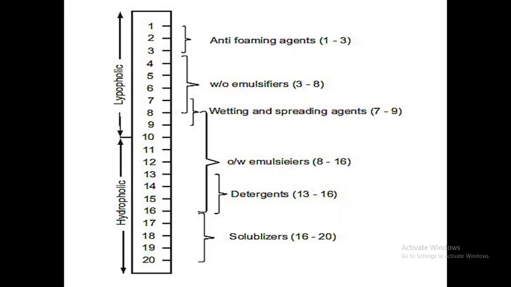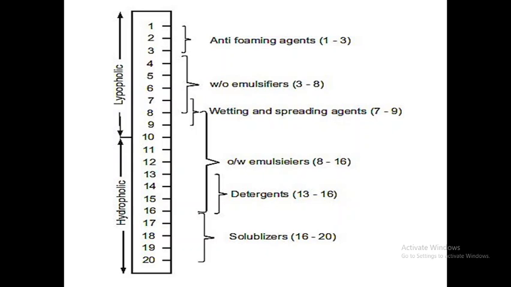Surfactants having HLB value 13 to 16 are used as detergents. Lastly, those having HLB value 16 to 20 are used as solubilizers for solubilization of poorly water soluble drugs.